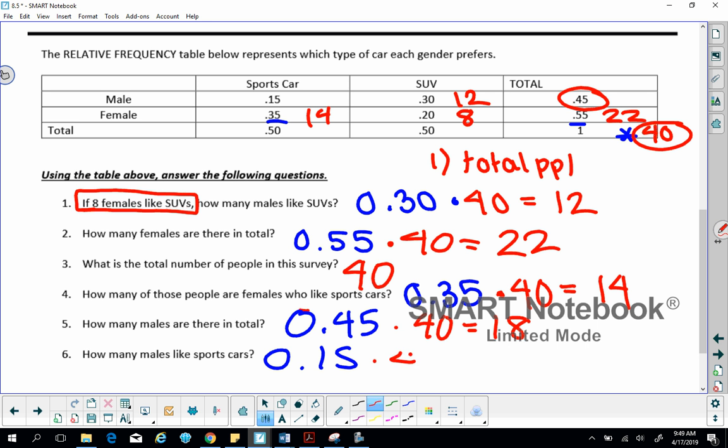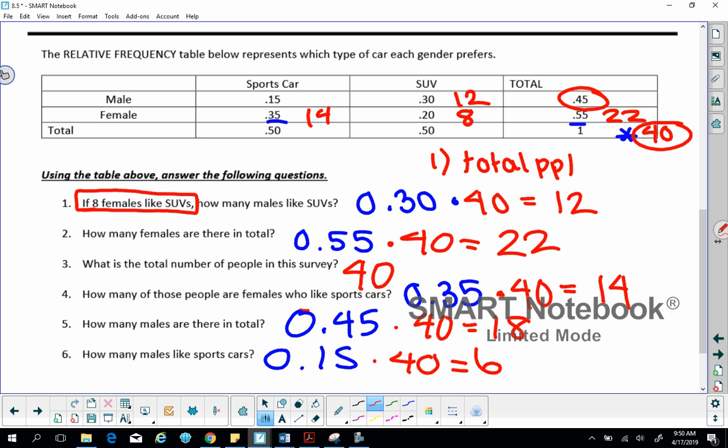What do you end up getting? 6. Does that make sense? Does anyone have any questions about this part?